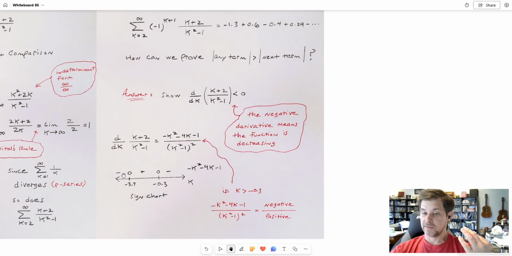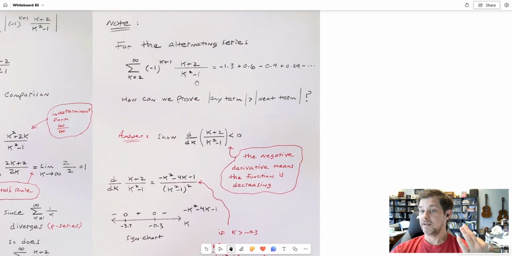Using test values, I could figure out it's negative, positive, negative. And then from there, I could say this expression, which is the derivative, the top will be negative for all positive numbers, to the right of negative 0.3. And that bottom part, because it's a square, will always be positive.